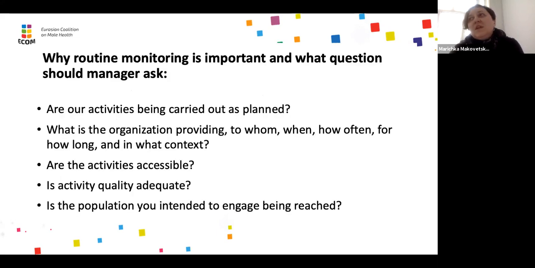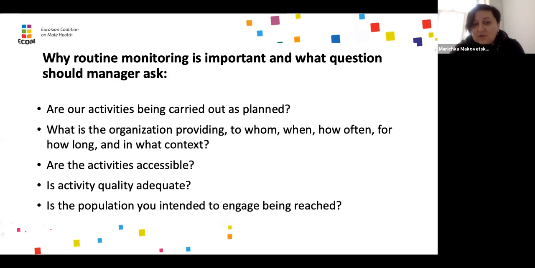To check yourself, if you form your monitoring system, you may ask a few very simple but important questions, such as: are your activities being carried out as planned? So what is planned in your work plan is carried out in a timely manner and with the resources that you planned.